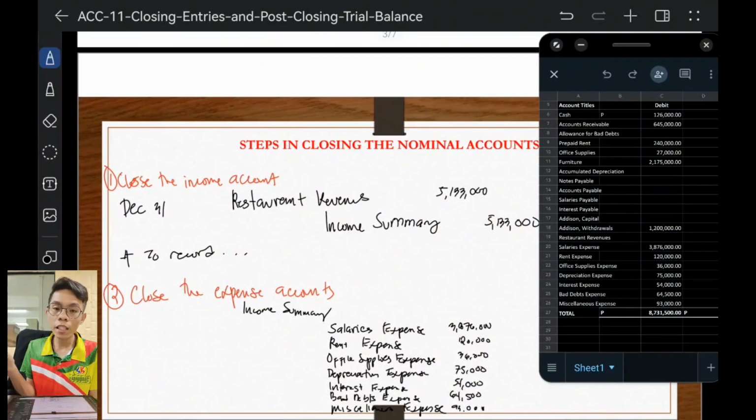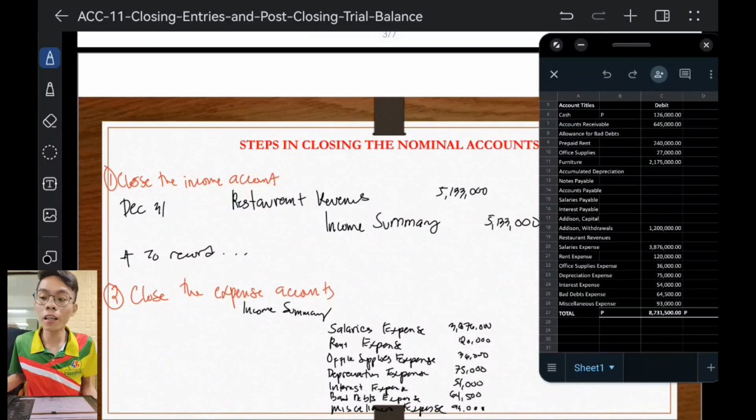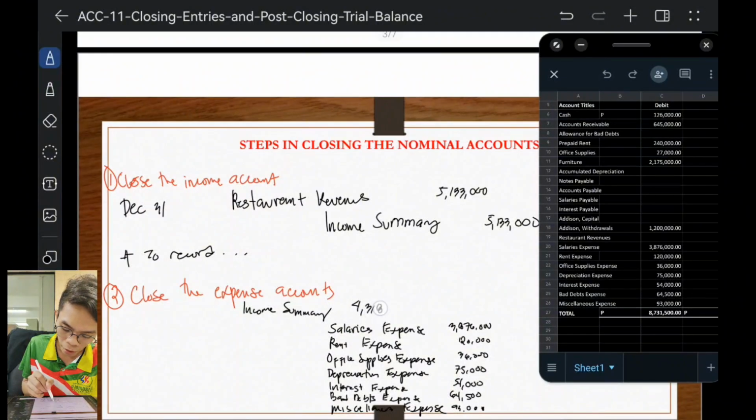So, we just need to add up all of our expenses here, and that would be the balance for our income summary. So, let me just get my calculator. So, that would be 3,876,000 plus 120,000 plus 36,000 plus 75,000 plus 54,000 plus 64,500 plus 93,000, and that will give us 4,318,500, the total of expenses.